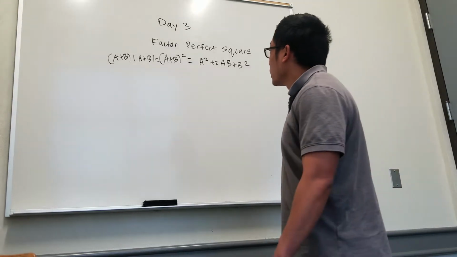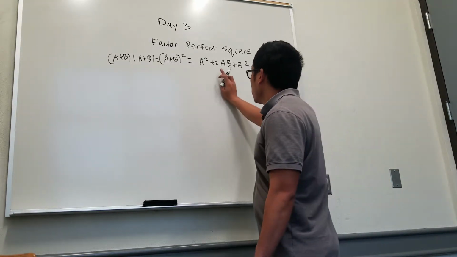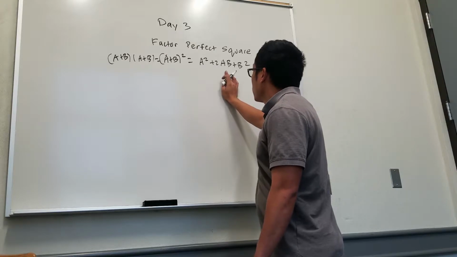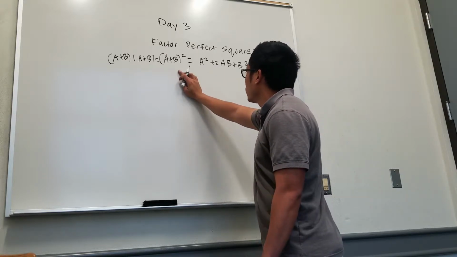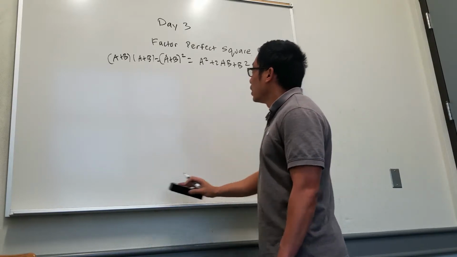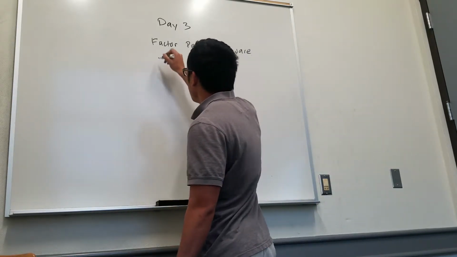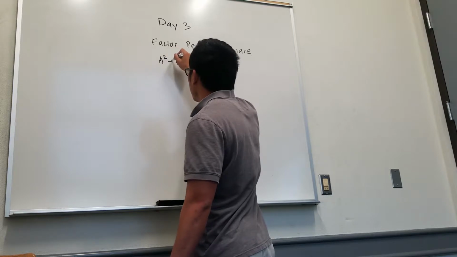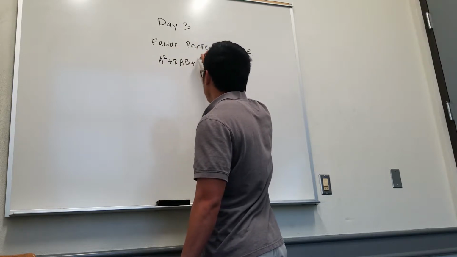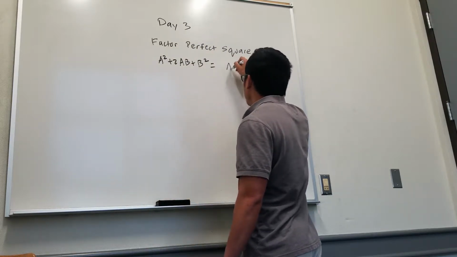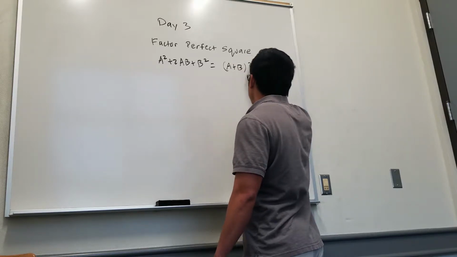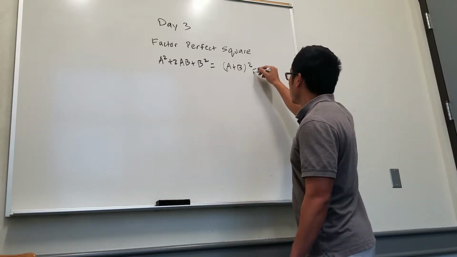Now let's do some problems. So we want to actually identify this is equal to this. We want to factor perfect square. So you can rewrite, you don't have to do this, but I'm just going to write it. So we have a squared plus 2ab plus b squared is equal to a plus b squared, which is also equal to a plus b.